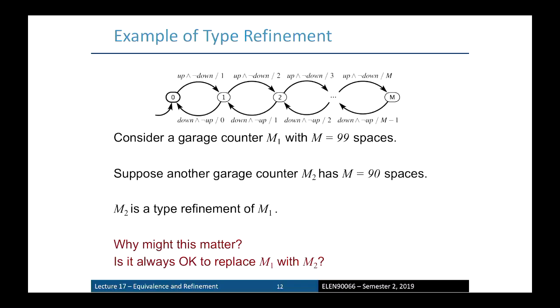It'll completely work in there, but internally it's not valid for the particular setup there. So it's not always okay. It might be okay if perhaps you were using M1 with 99 spaces and it was only a 60-space car park. Okay, you could drop M2 in there, no problems, right? Because it still counts to 90, which is more than what you need.